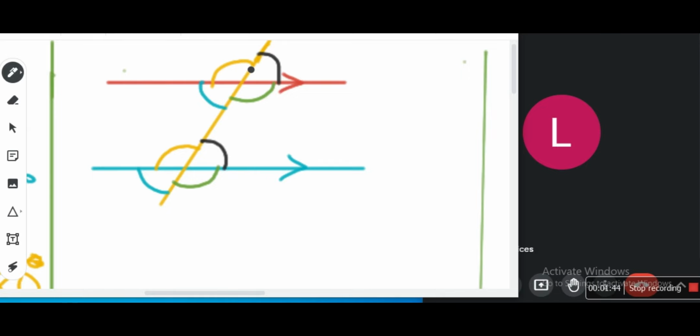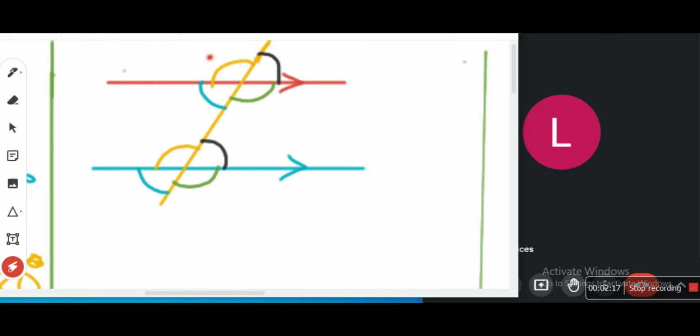Now see the way I'm doing that. Assuming one has the red and another person has the blue line. On the side of the red, this yellow is corresponding to this yellow. This black is corresponding to this black. Blue with blue. Green with green.